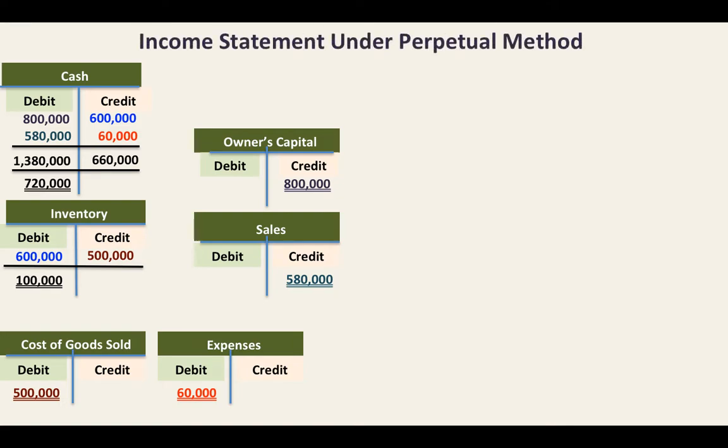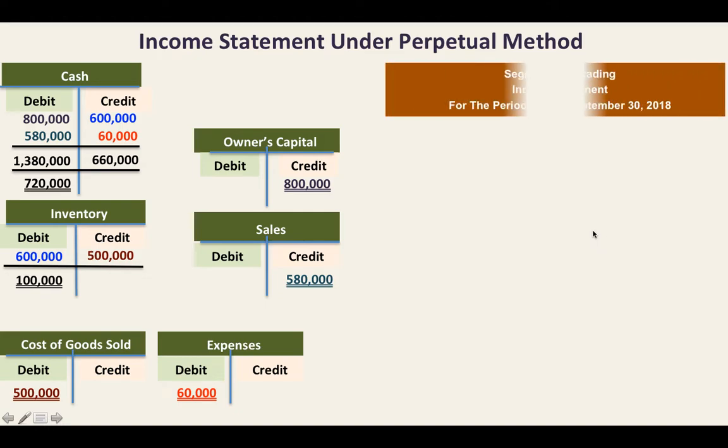And so we can now prepare this income statement under perpetual method. This is our heading. And our sales is how much? We have sales of 580,000. After sales, we have to deduct our cost of goods sold.